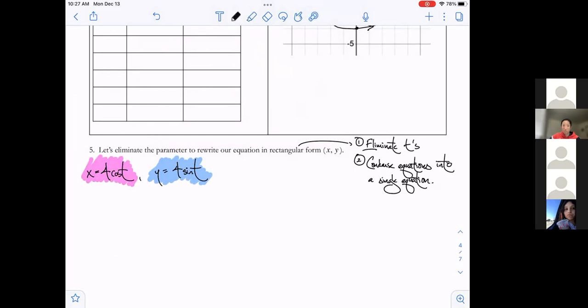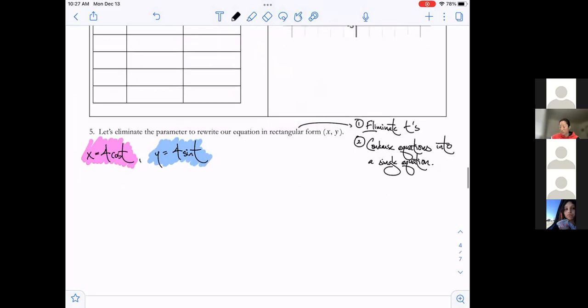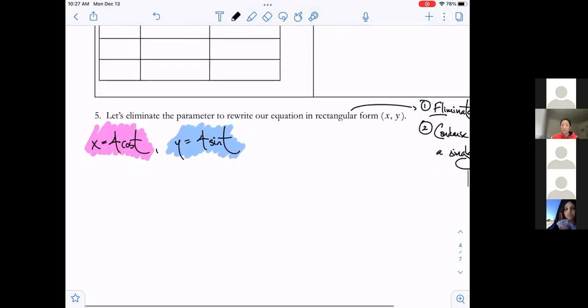I don't want two. Okay. So just like we did with polar equations and even way back when with systems of equations, I would love to hear your ideas. What are some ideas we have on how we could get rid of the t's and only have x's and y's in our equation?